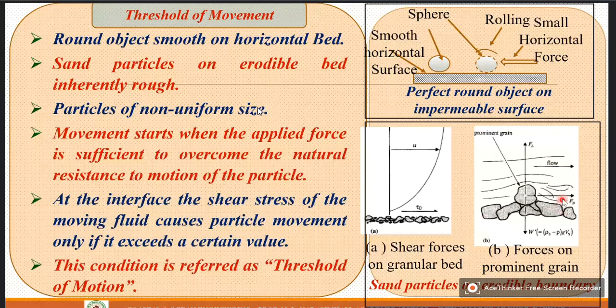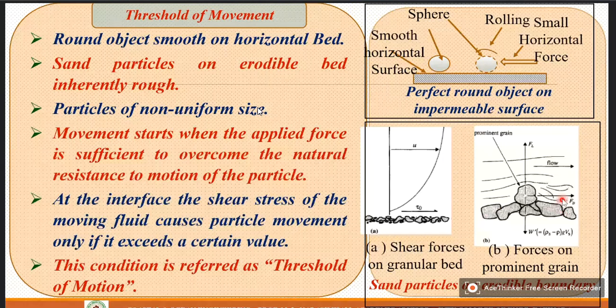Then the total shear stress is due to these three factors. One is due to the individual grains, the other is due to the formation, and the third is due to the sediment transport contribution caused by momentum transfer to mobilize the grains.